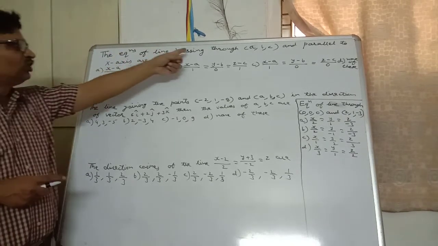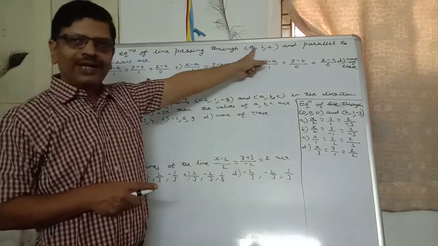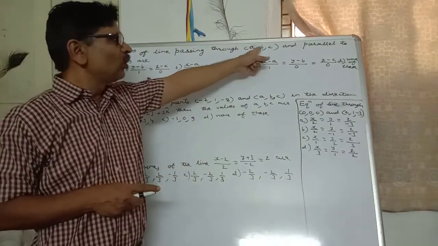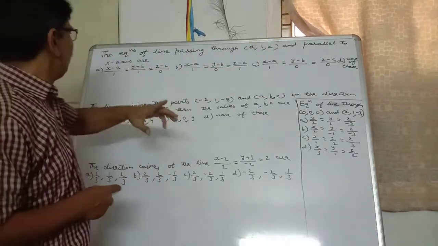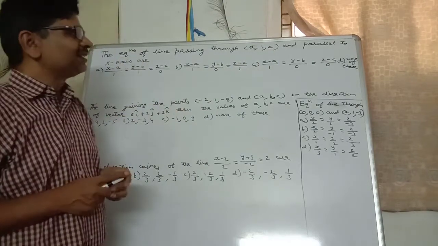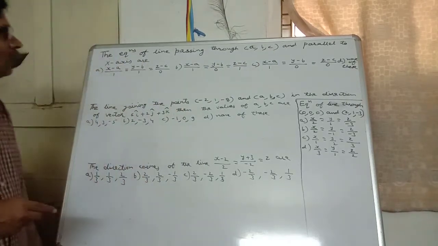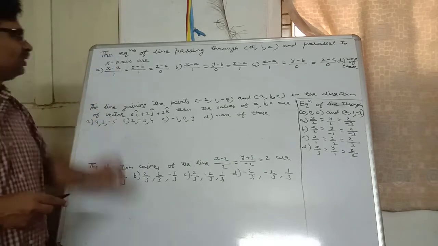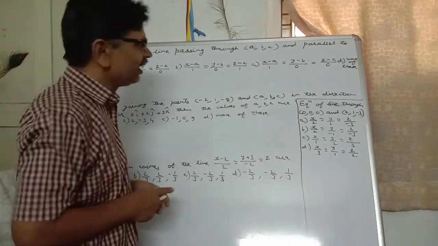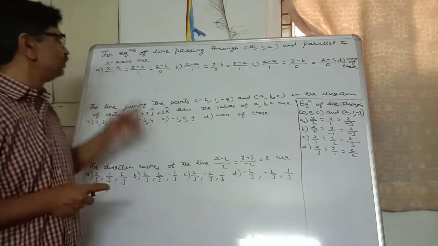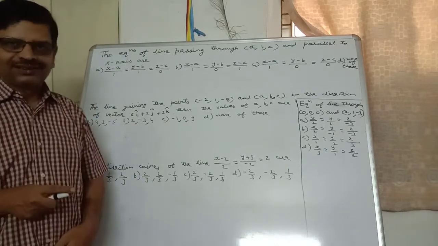The equation of the line passing through the point whose coordinates are a, b, c and parallel to the x-axis is. So here the coordinates of one point on the line are given and the line is parallel to the x-axis.